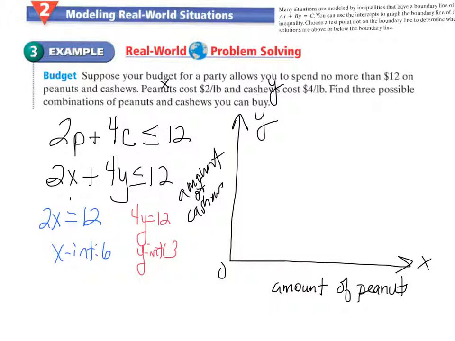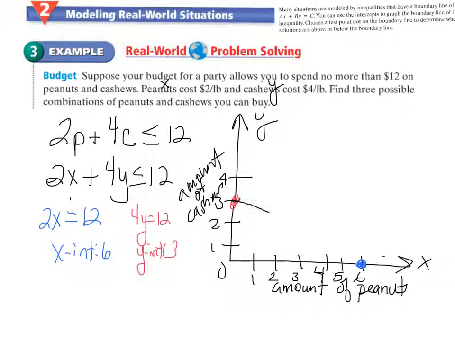So we would graph. The x-intercept is 6. The y-intercept was 3.